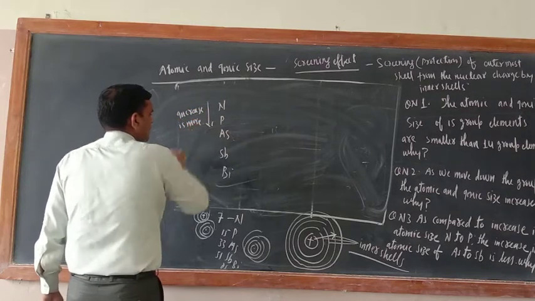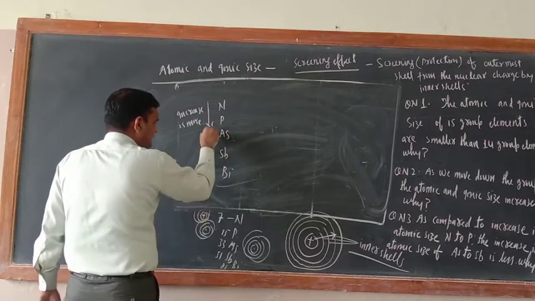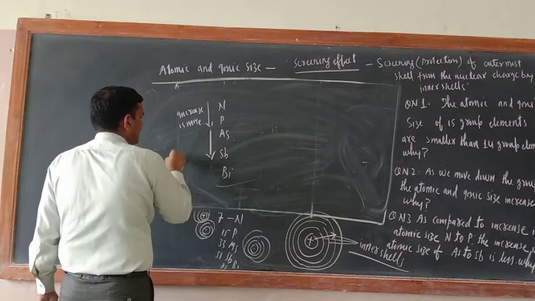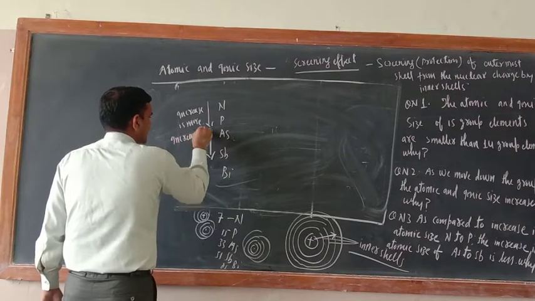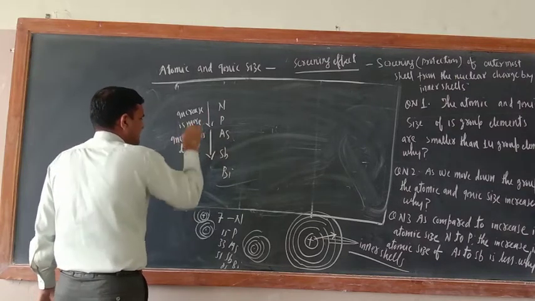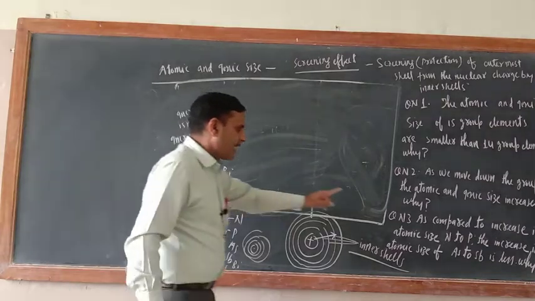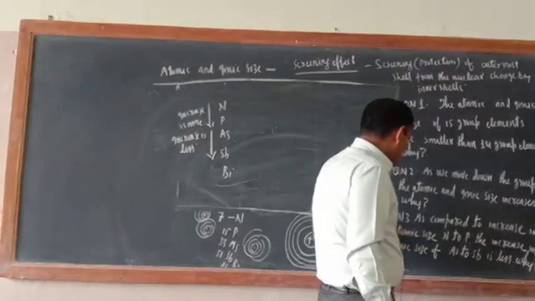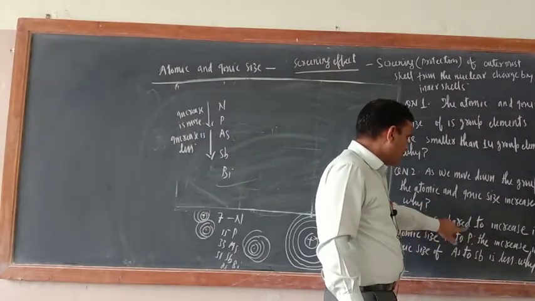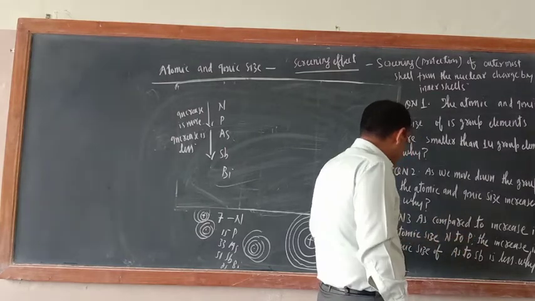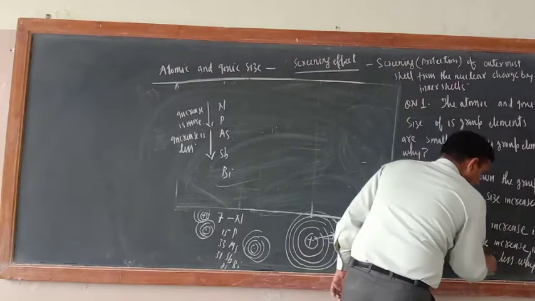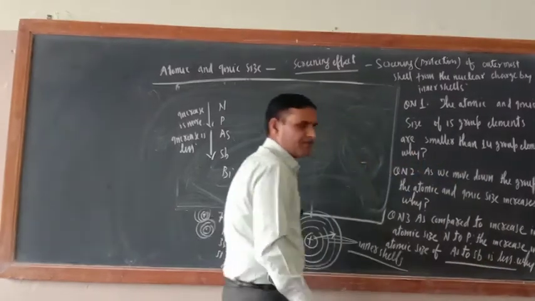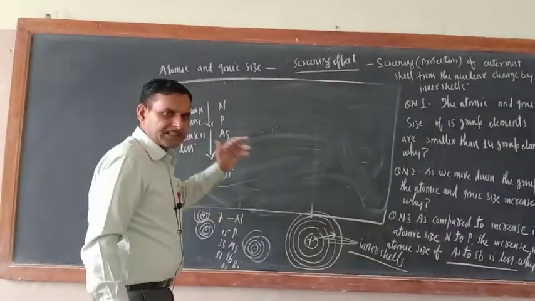But from arsenic to antimony, the increase is less. Why? That is the question. As compared to the increase in atomic size from nitrogen to phosphorus, the increase in atomic size from arsenic to antimony is less. Why? That you have to explain.